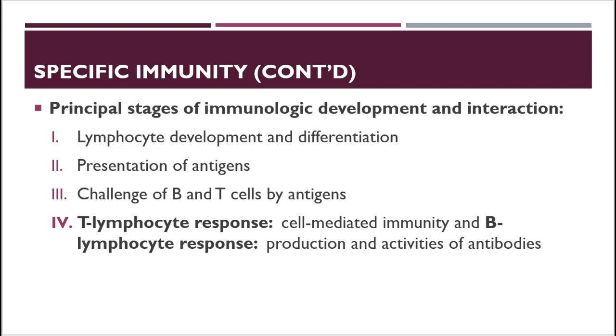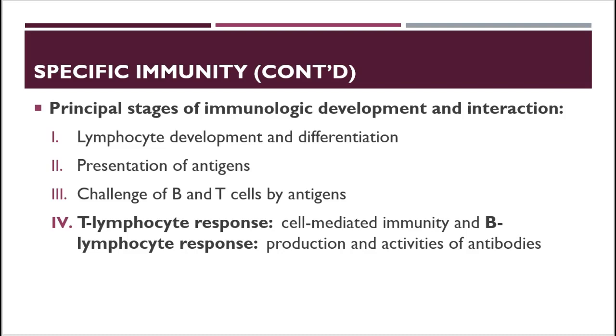And then finally, we're going to have differentiated cells, T lymphocytes and B lymphocytes, and they are going to respond differently because of how they have matured and developed. They respond to antigens in different ways.